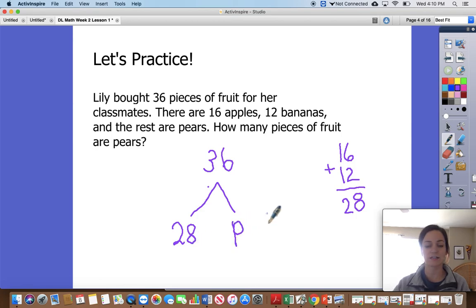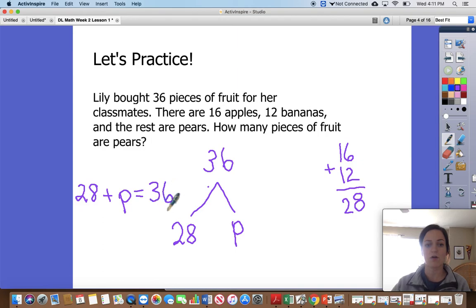Well, last week we talked about if you have a math mountain and you know your total, but you're missing one of your add-ins, what are you doing? Right, so you're subtracting. So I could write an equation for this. I could write 28 apples and bananas plus however many pears I have will give me the 36 total pieces of fruit that Lily brought.